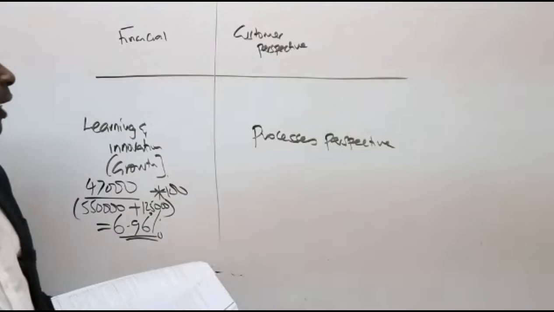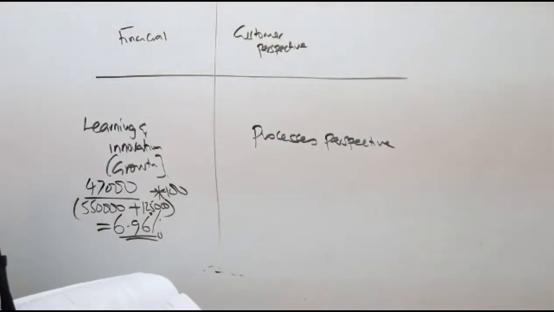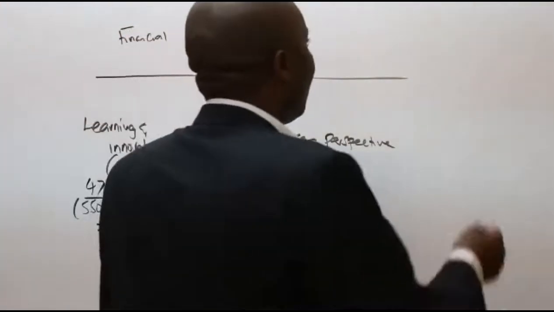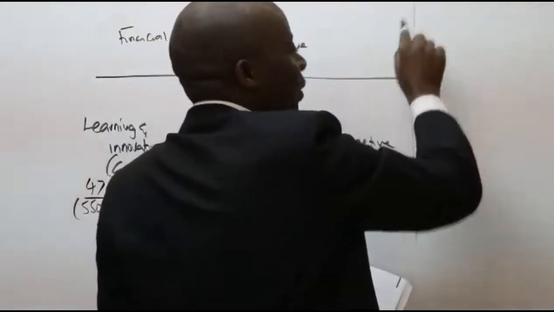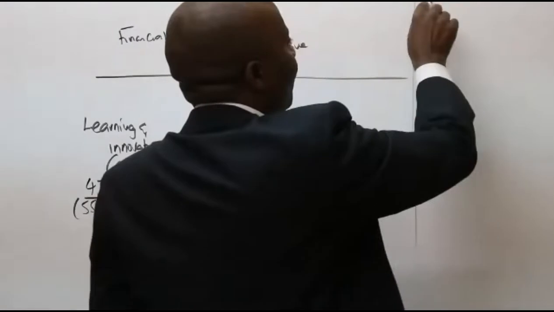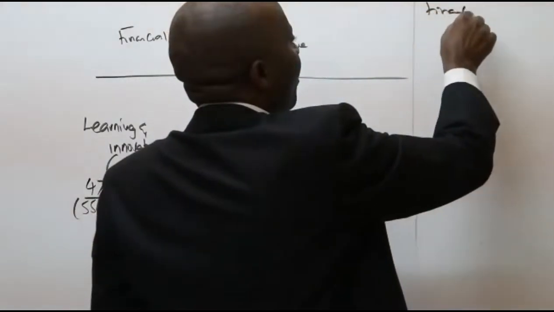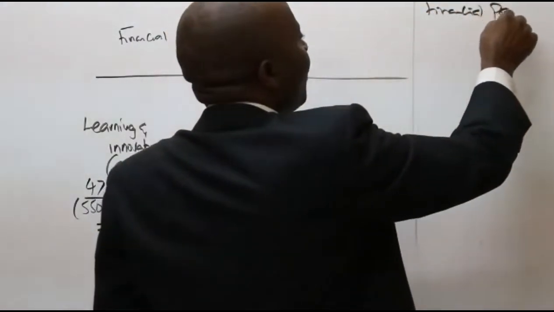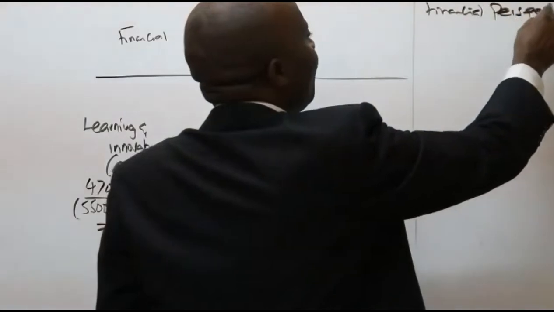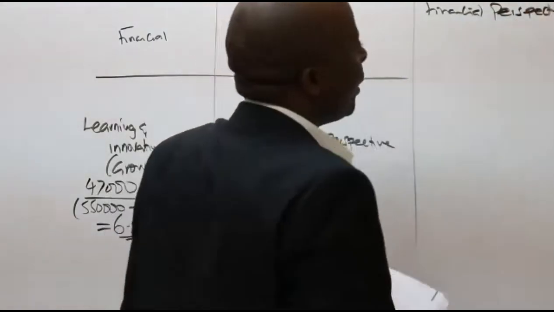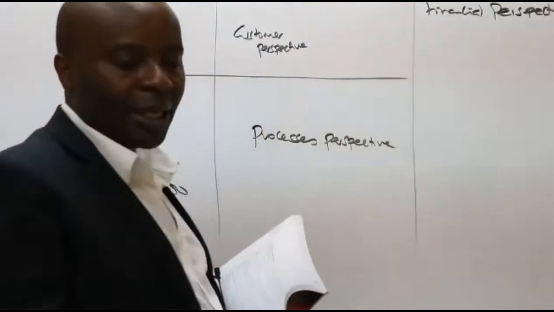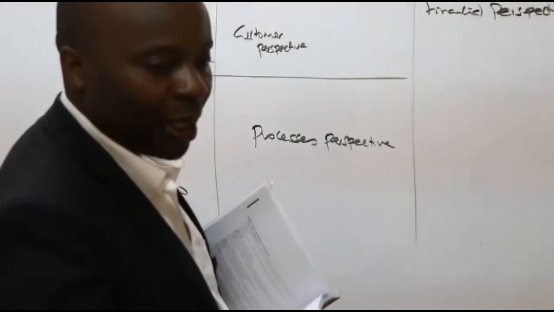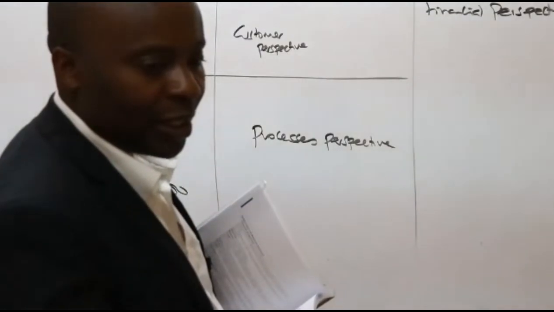Now, the other low-hanging fruit that I would have picked very fast, and I can have a heading for it, is the financial perspective. In the financial perspective, we were able to see the ROEs, the residual incomes, but here, the only thing that I'll be able to pick out very easily is the gross profit.